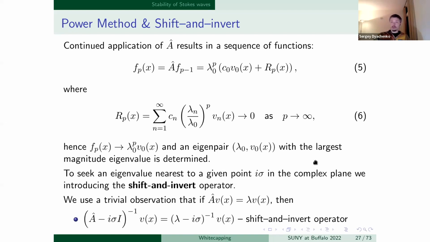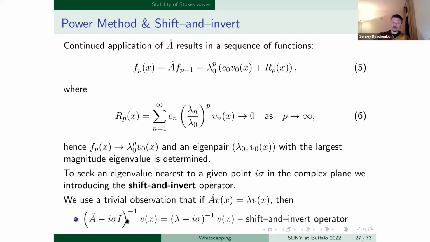But that's also typically not sufficient. Typically, we are interested in the eigenvalue that is closest to a certain point i sigma in the complex plane. So if we are interested in the eigenvalues that are nearest to i sigma, then we can build the shift-and-invert operator, which is A minus i sigma times I, everything inverse.